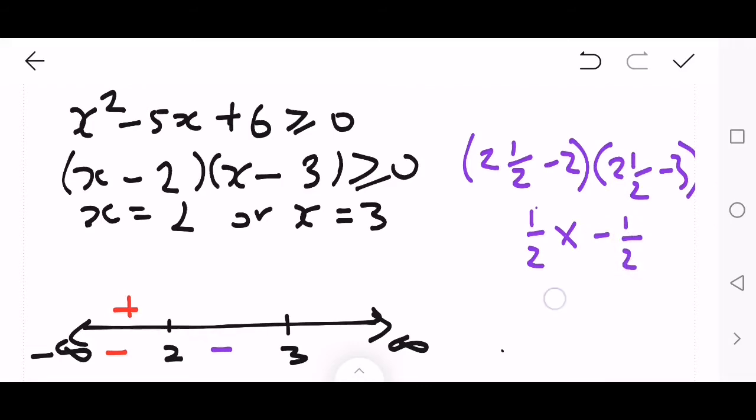So we will have minus 1 over 4. So we'll have a negative here.